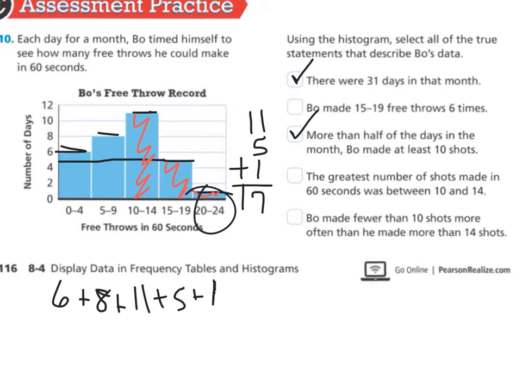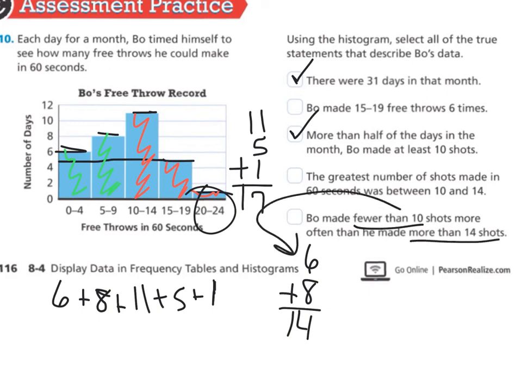Bo made fewer than 10 shots more often than he made more than 14 shots. So fewer than 10, that's going to be the two bars we didn't just look at a minute ago, our first two bars here. So that'd be 6 and 8, so 14 that were fewer than 10.